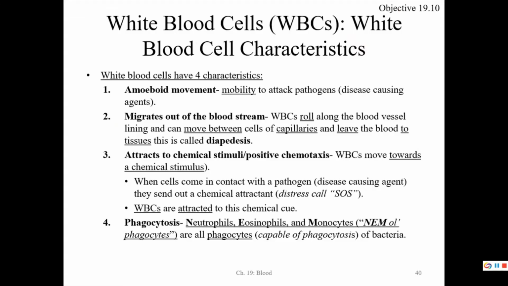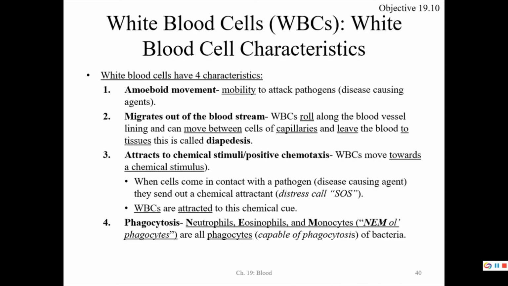Another thing they do is they exhibit what is called positive chemotaxis. That is, they are attracted to a chemical stimulus. They will be attracted to chemicals that are released from disease-causing agents.